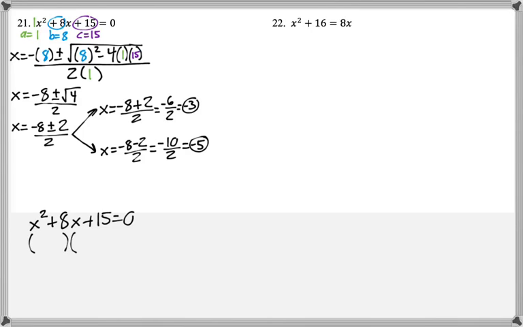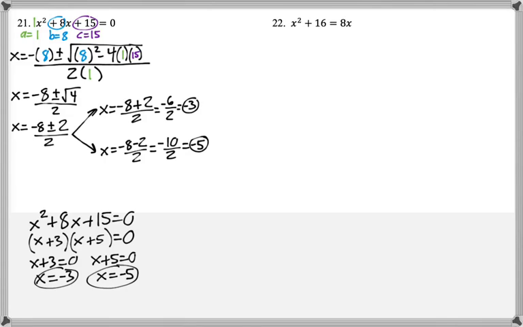So you could just put the two parentheses, the x and the x, and what two numbers multiply together to give you 15, but add together to give you 8, and that is plus 3 and plus 5. So x is equal to negative 3, x is equal to negative 5.